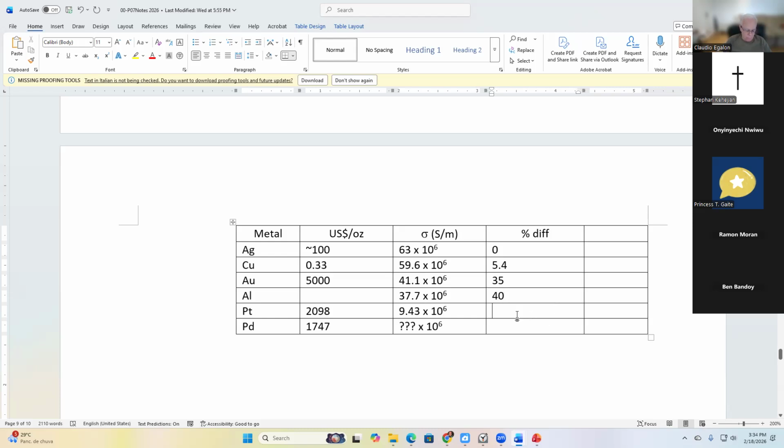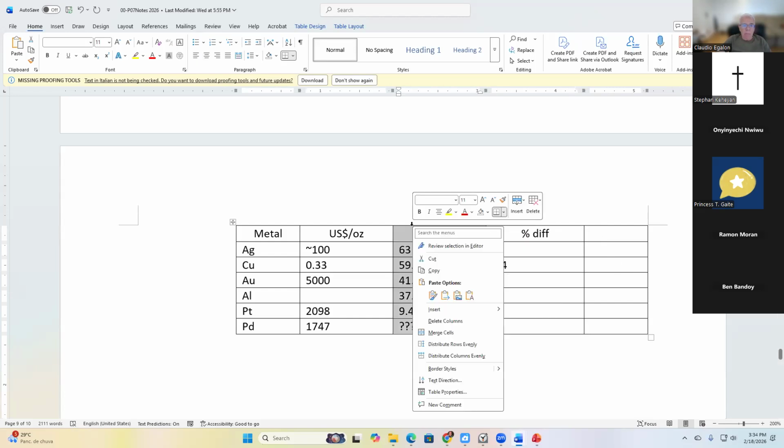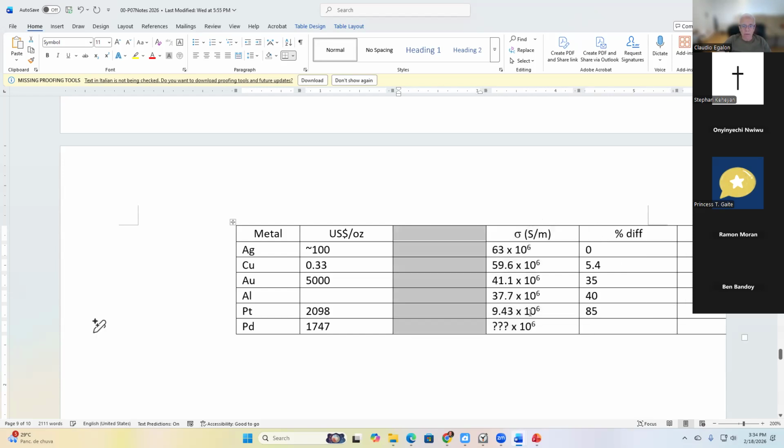Platinum, 9.43, 85% less conductive. Okay, that's what we have. And in terms of price, we can also play with the price as well. To the left, in terms of price, right?